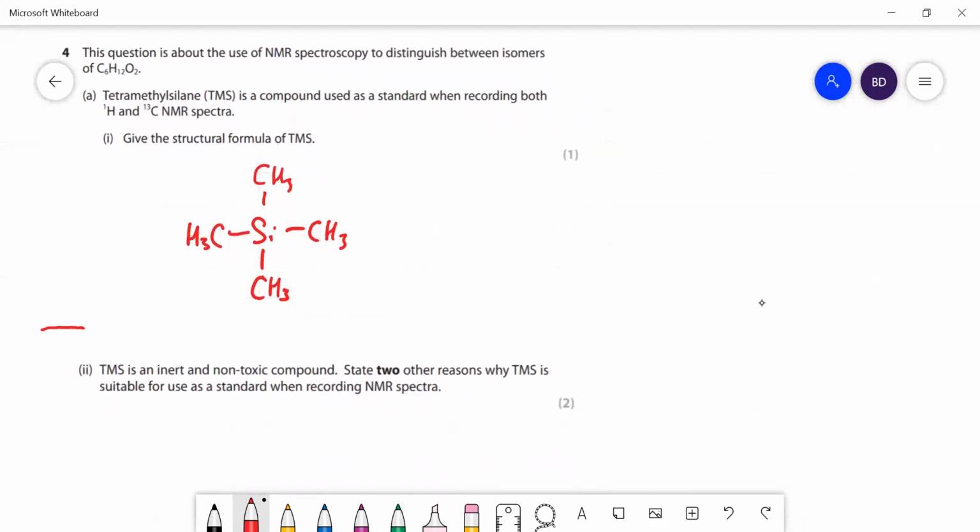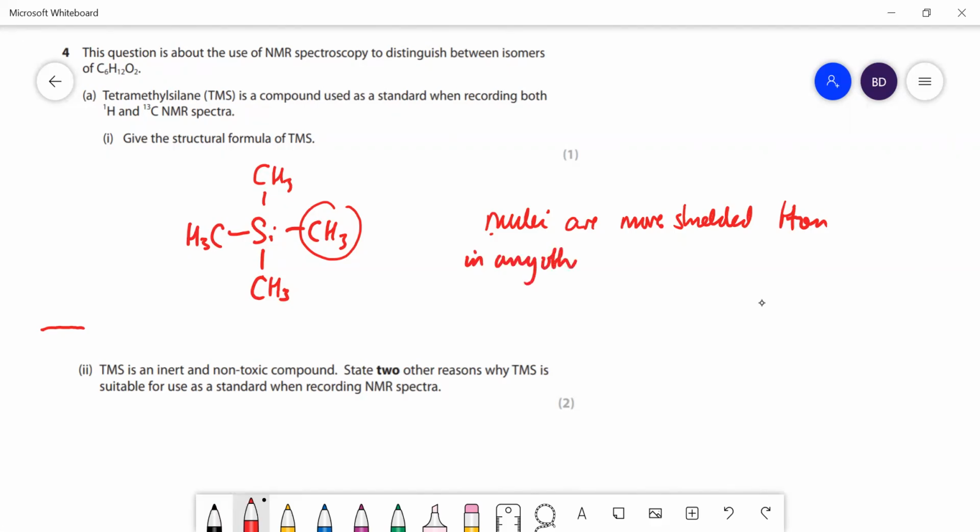The best reason to say is that the nuclei, whether it's 1H or 13C, are more shielded than the nuclei in almost any other compound. So that means the peak for the standard in your spectra, this is ppm here.